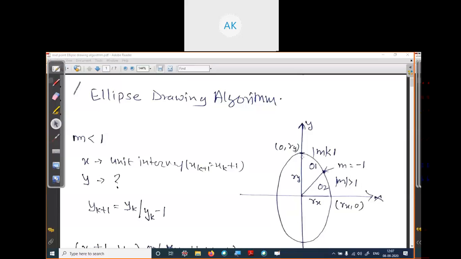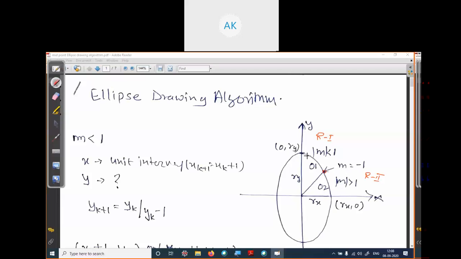At this point we divide the ellipse into two regions: region 1 when the slope is less than 1, and region 2 when the slope is greater than 1, and at this point the slope is exactly minus 1.